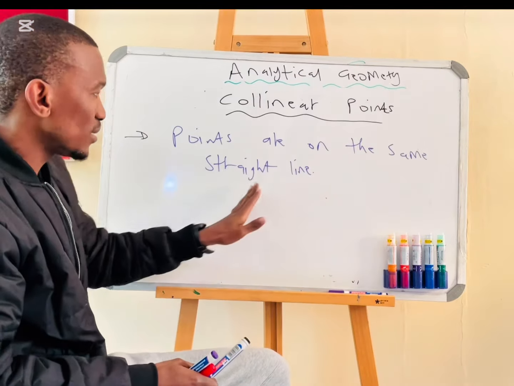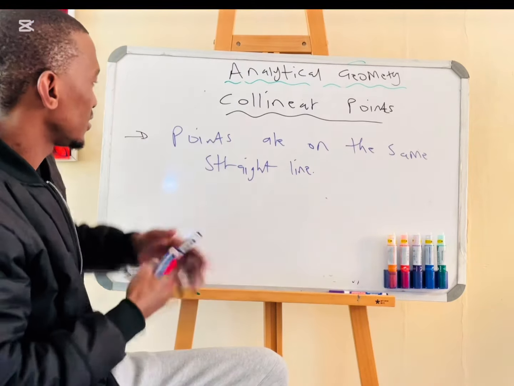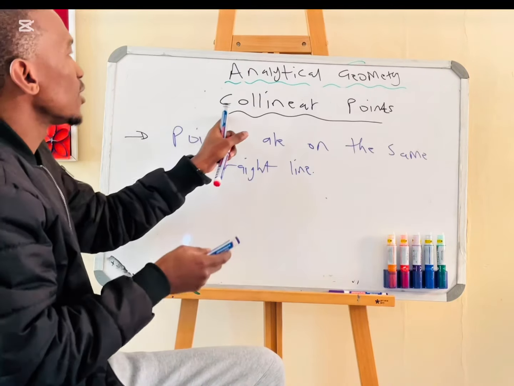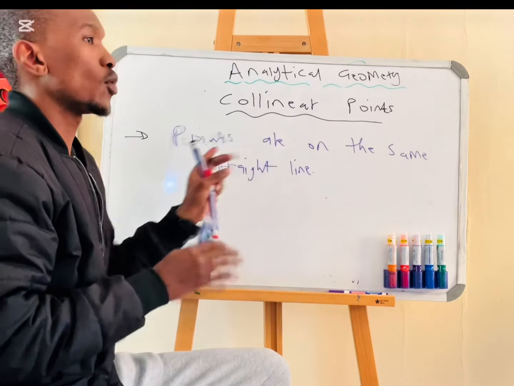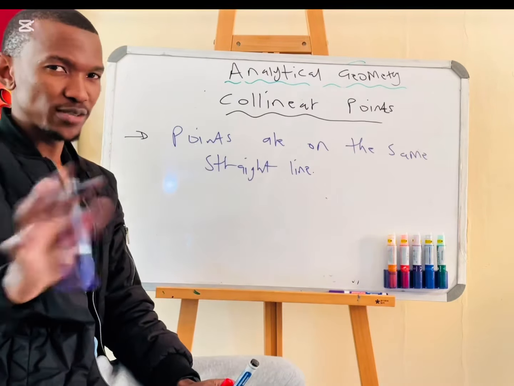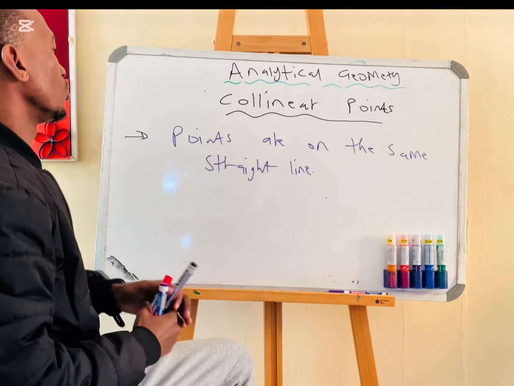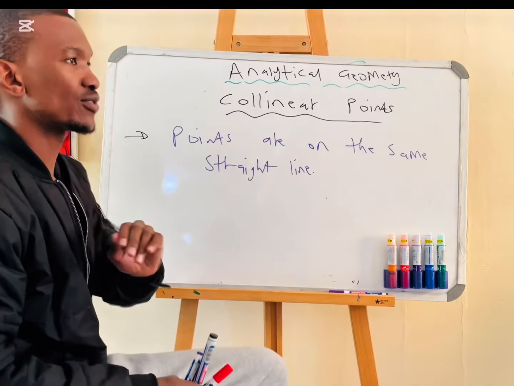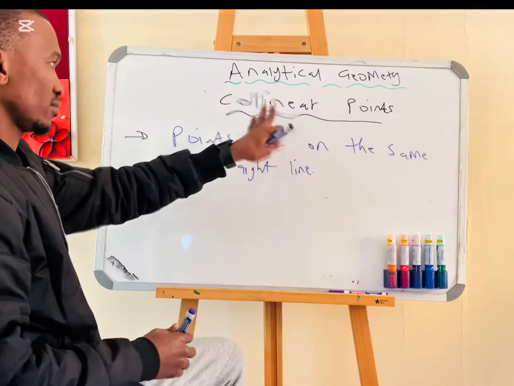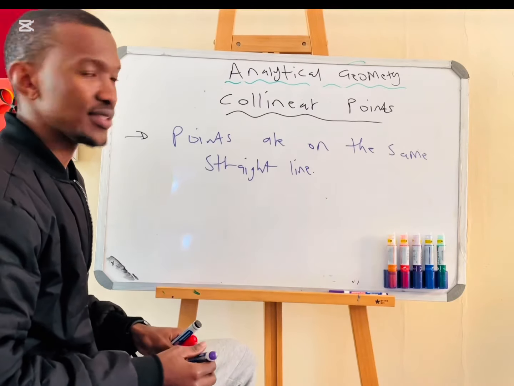Whenever points are on the same straight line, they are collinear. Again, however you might pronounce it. So we say that the points are on the same straight line. Okay, that is what this term simply means.